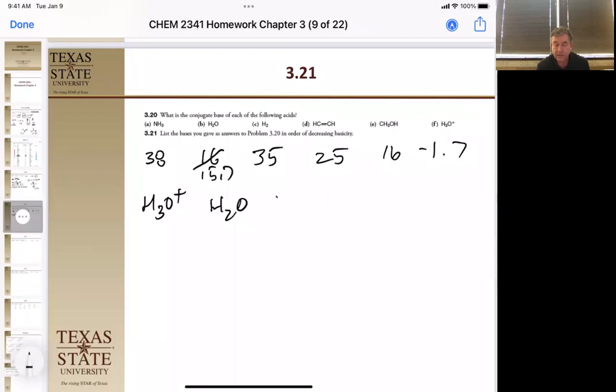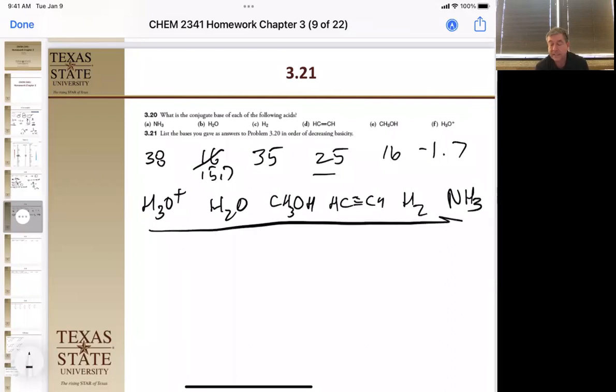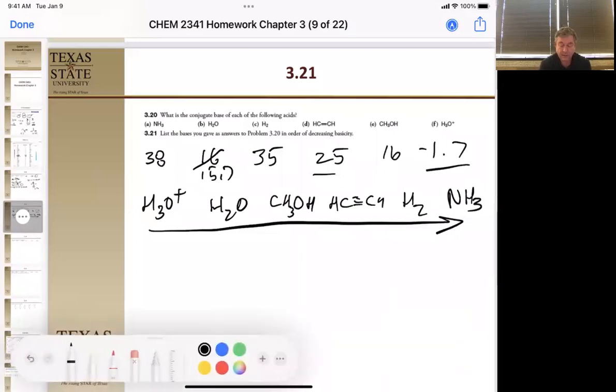And then we're going to have methanol. And then we have acetylene. Then we have hydrogen, and then we have ammonia. Okay, these are increasing pKa because we put them in order of their pKa's.